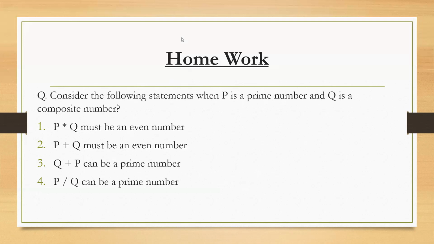What was the answer that you got? P is a prime number, Q is a composite number. P into Q must be. Again, here must be is there. Must be means what? Definite statement. Okay, that is for all values of P into Q, it has to be an even number.